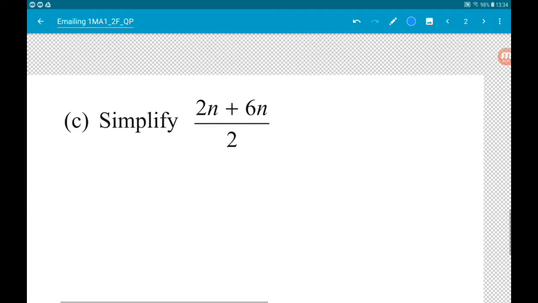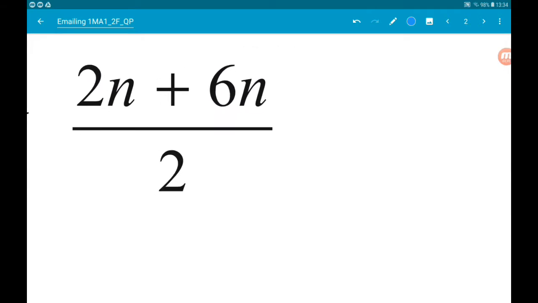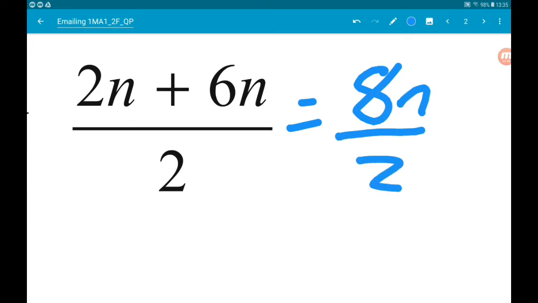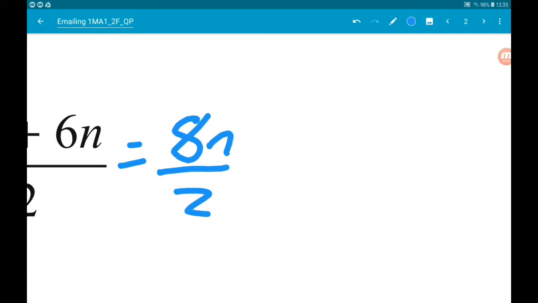First of all, let's simplify the top. 2n add 6n is 8n. Then we've got that over 2, which means divided by 2. So 8n divided by 2 is 4n.